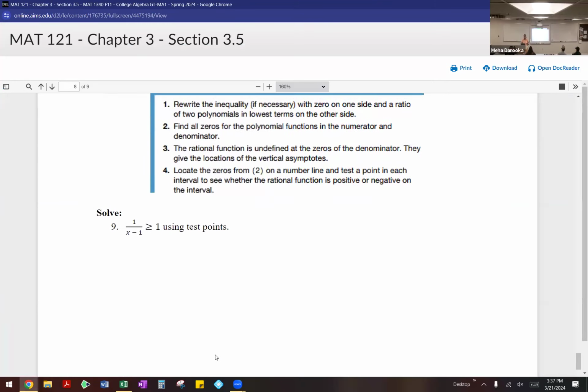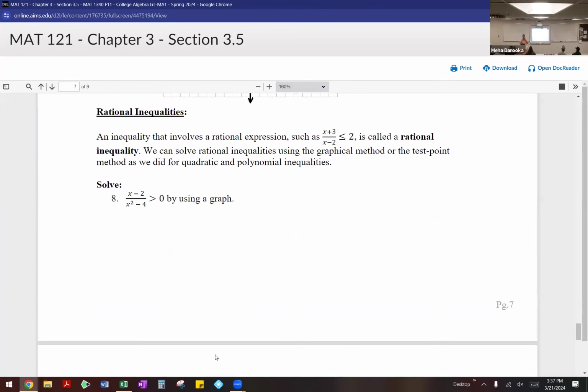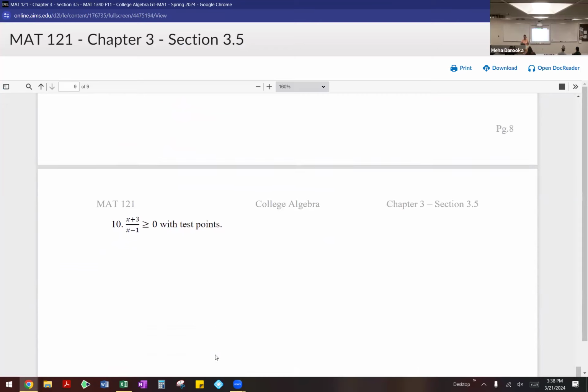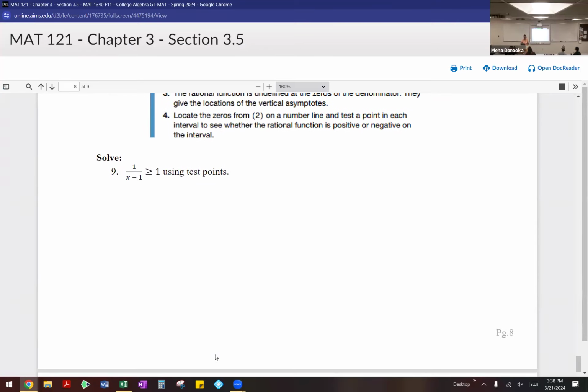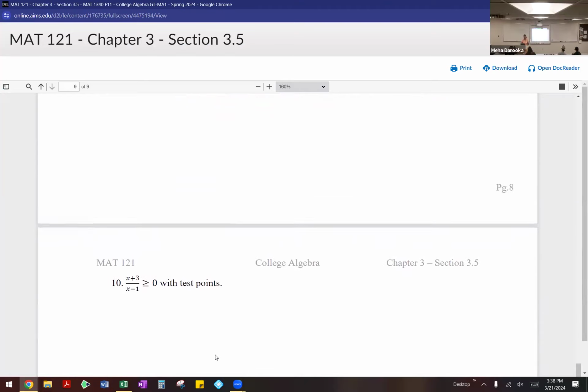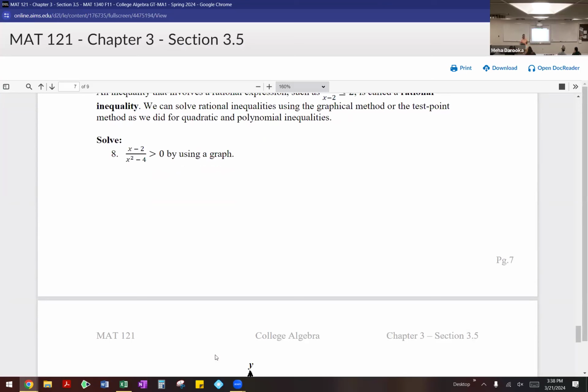How are we feeling about this? Want to see another example? Not in the lowest terms, that might be a good example to work with.